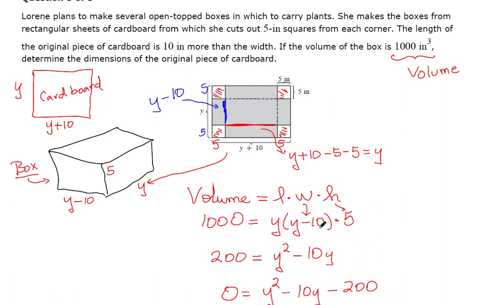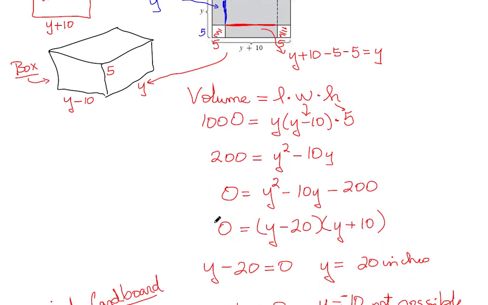Alright, I can reduce these numbers, divide through by 5, distribute the y, move the 200. This is factorable, 20 times 10. I just need to fix up the sign so it adds up to give me a minus 10. And so I pick a minus 20 and a plus 10.